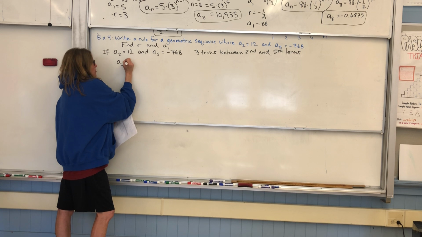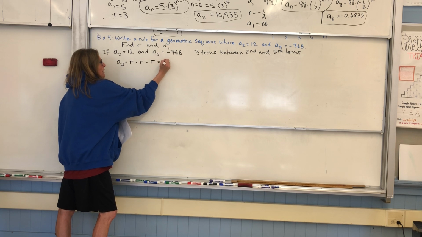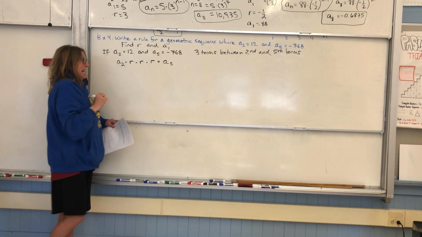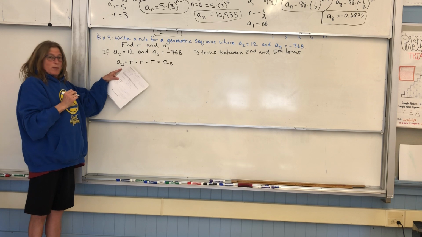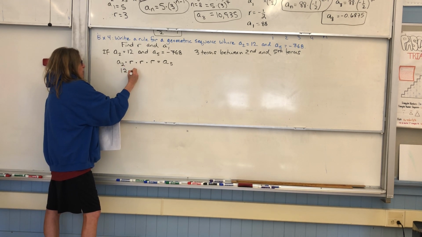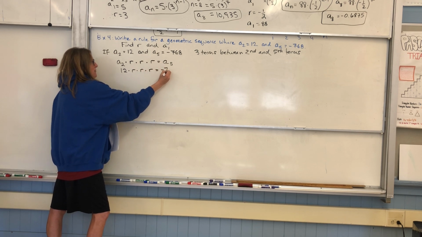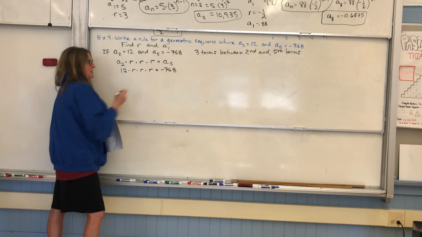We know that A2 times R times R times R is going to equal A5. That means we know that 12 times R times R times R is going to equal negative 768.